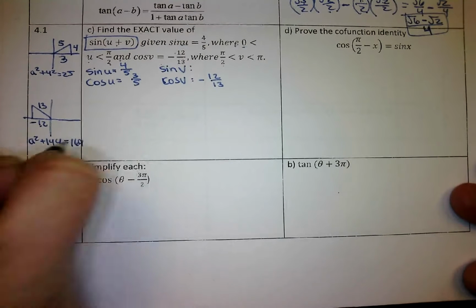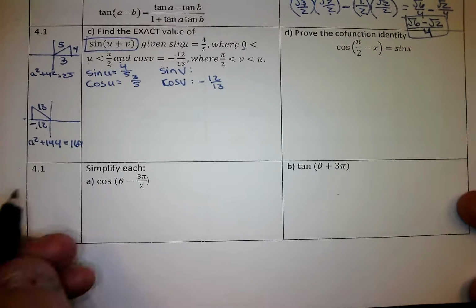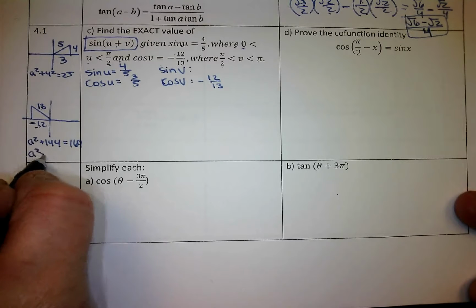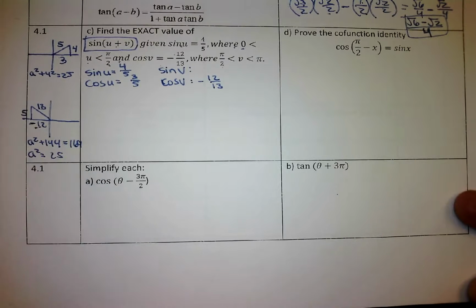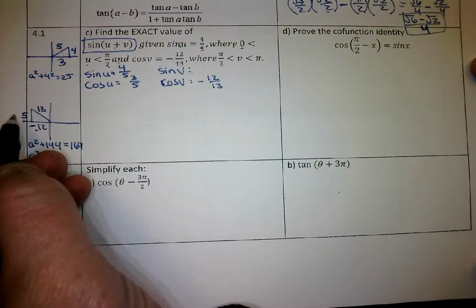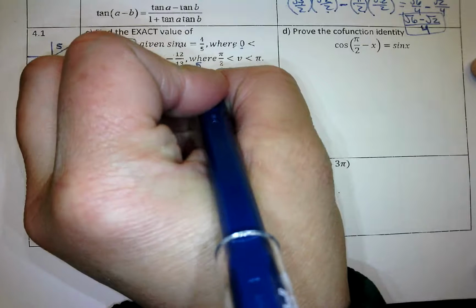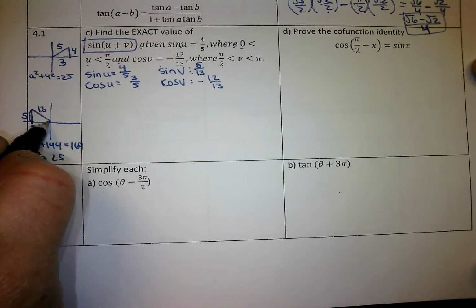So that's plus b squared, which is 12, equals 13 squared. And then I get a squared equals 25, so a equals 5. So my sine of this v is going to be 5 over 13, and it's positive because this value is positive and my radius is positive.